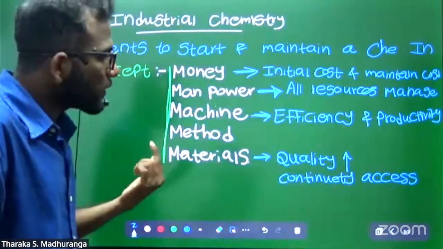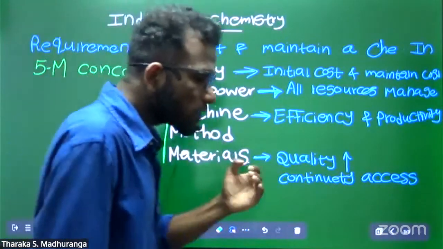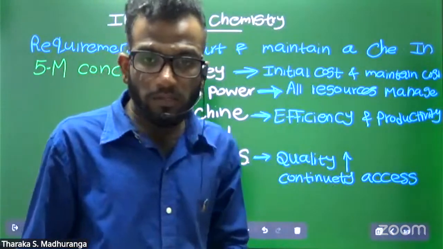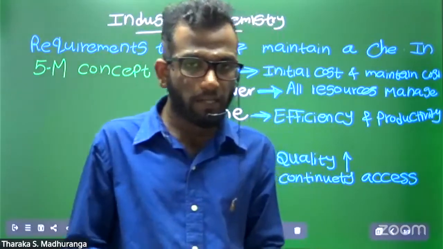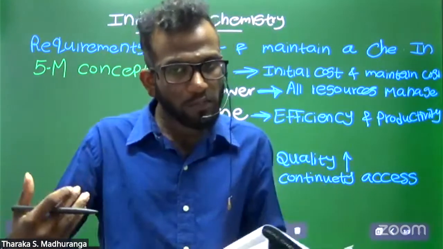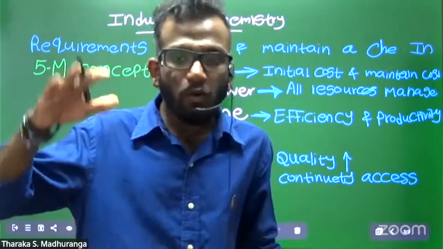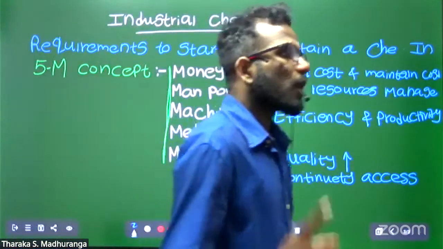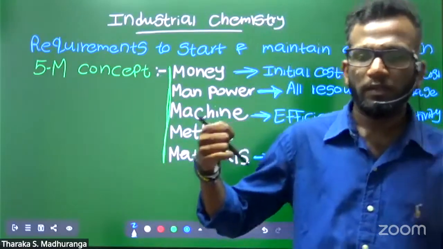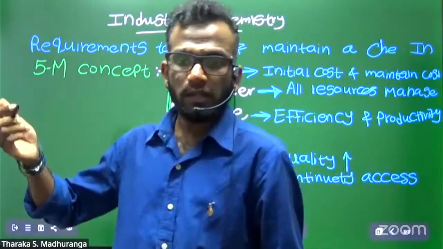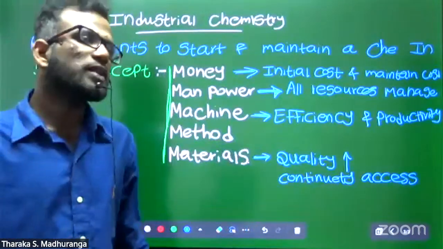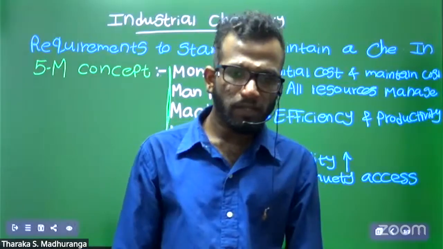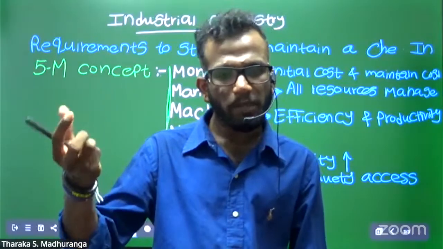The final point is, if you select raw materials from a natural source, as I have given in the tube, then you can reduce your cost. As an example, in biodiesel production, one raw material is methanol. Methanol is different from ethanol, but at your basic level, think methanol is ethanol.